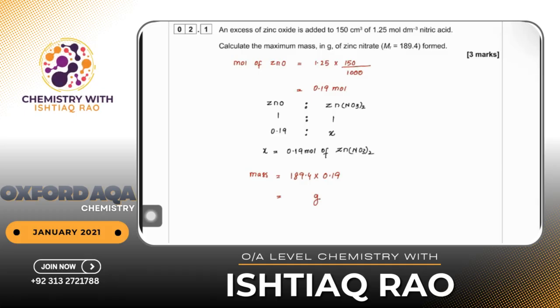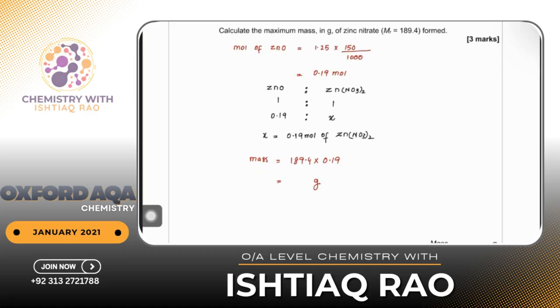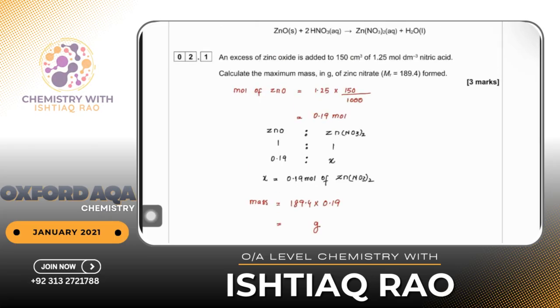Yeah, it's given. So 0.19 times 189.4 is 35.98, which is basically 36 grams. What's the answer? 36 grams.